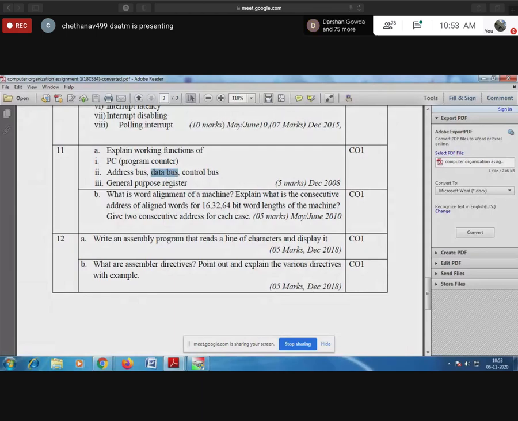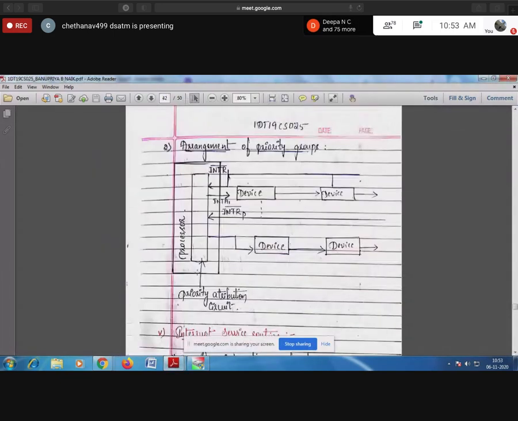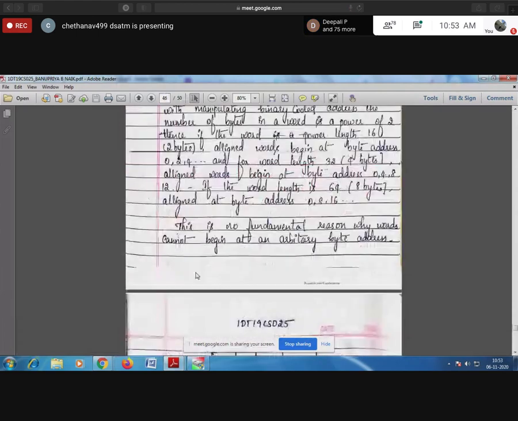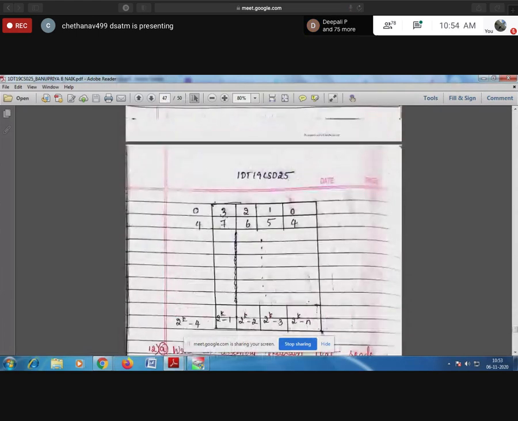And here also, word alignment. Word alignment I also told you. Suppose you can store, see how many here? One space means 1 byte, second space 2 byte, third space 3 byte, fourth space 4 byte.